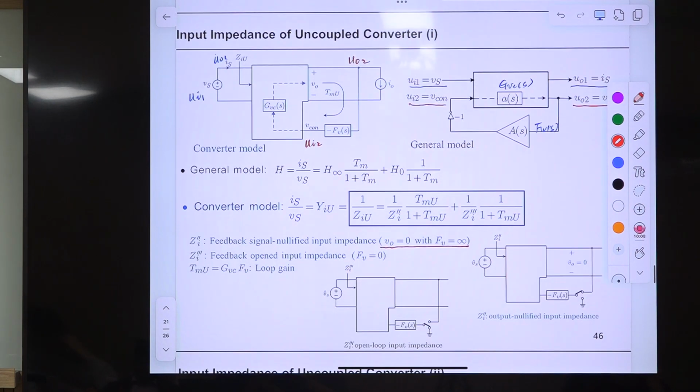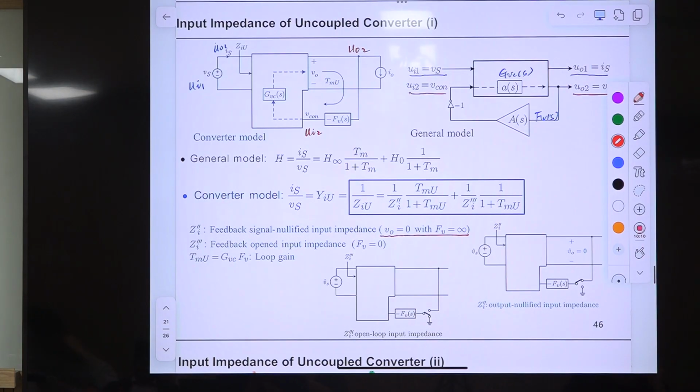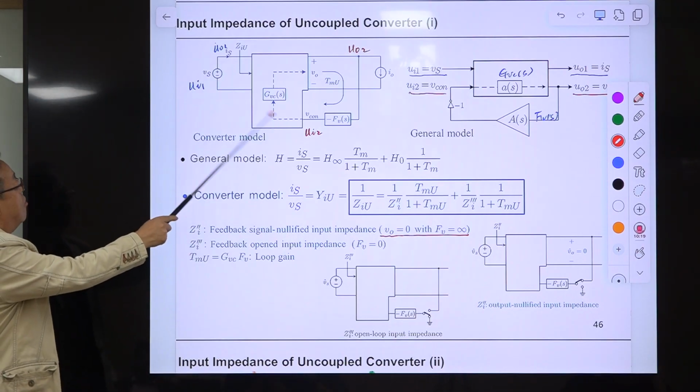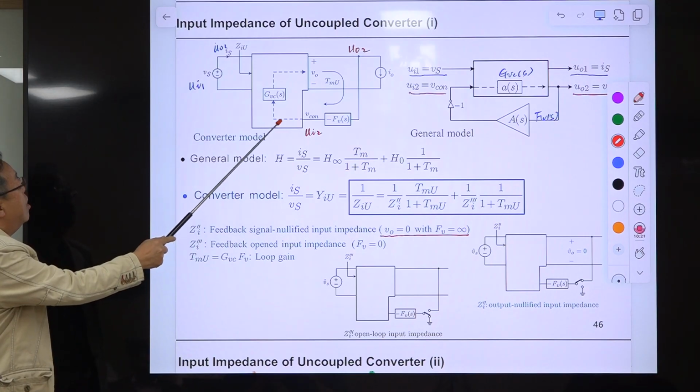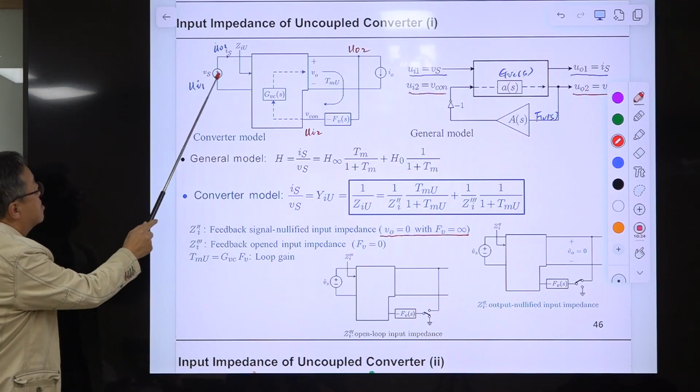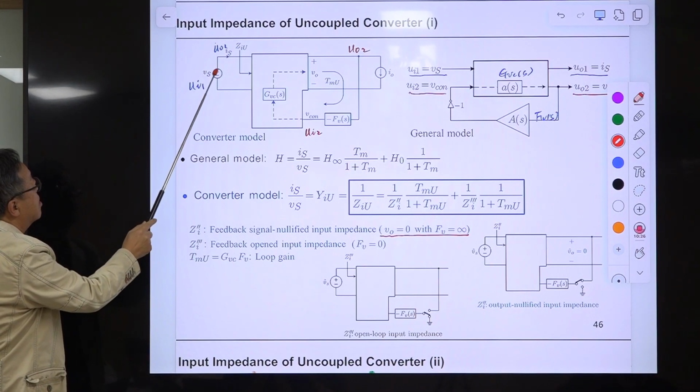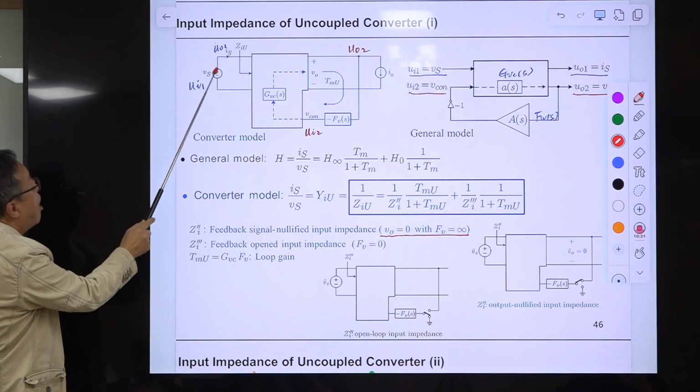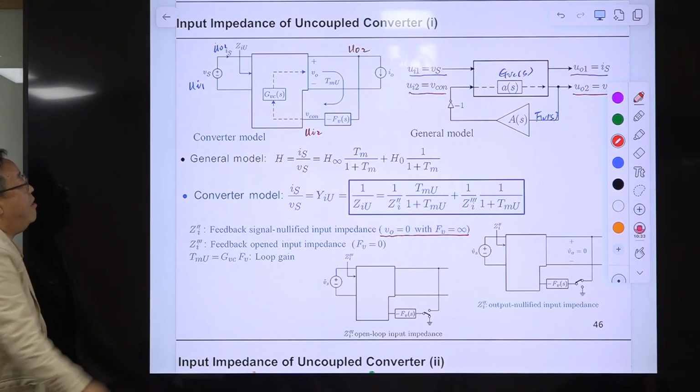This one is important. I explained the feedback theorem to explain this. This is our converter, our uncoupled converter, and you are interested in this input impedance, which is the transfer function from here. This is the input, this is the output, right? So we need to evaluate this.